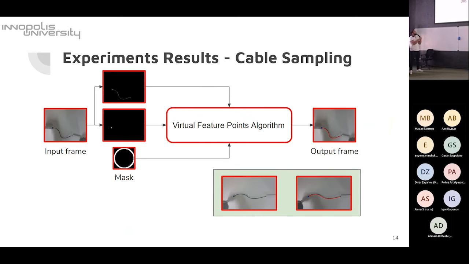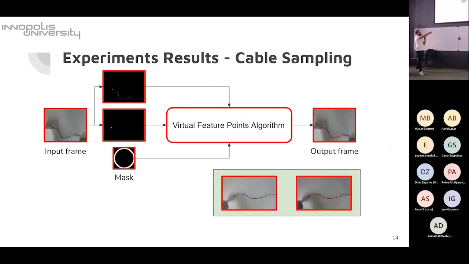Here you can see the input frame, the extracted detected cable, the thinned center line of the cable, the starting point and the mask. We insert these three images into the virtual feature points algorithm, and we obtain the final result, as you can see.